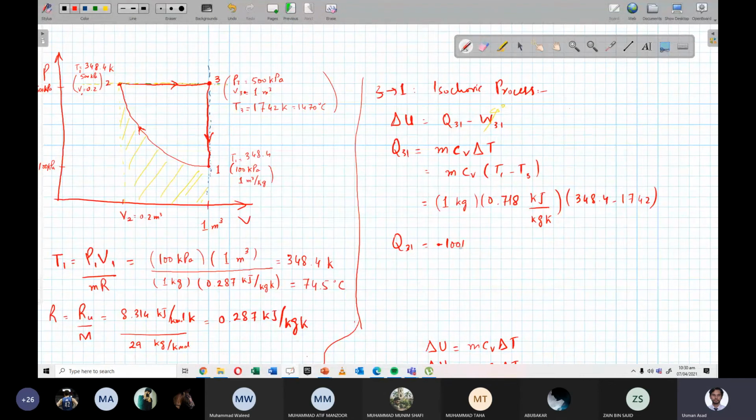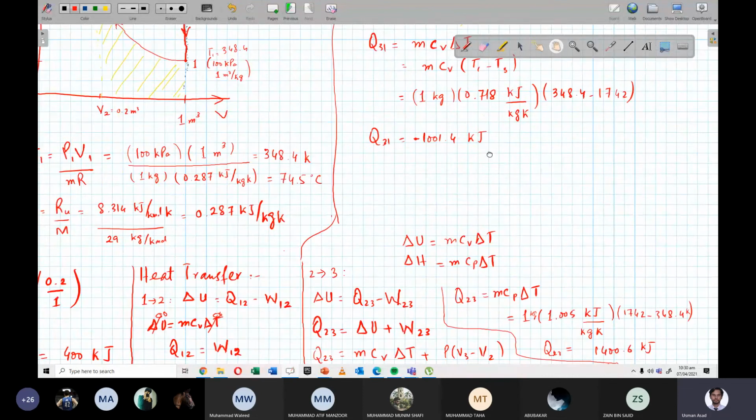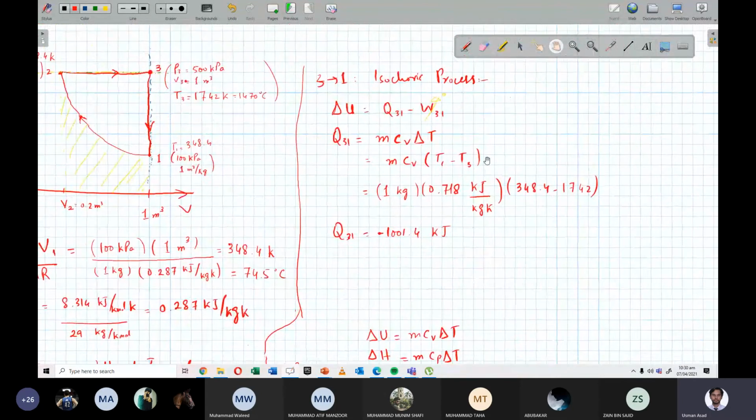ठीक है, 1001.4 या जितना भी था, 0.6 I suppose, I don't know, round off errors are possible. ठीक है. So what's happening here is you're cooling it. You're taking a constant volume, and all you've done is you've cooled it, and as a result of that cooling, the pressure decreased.